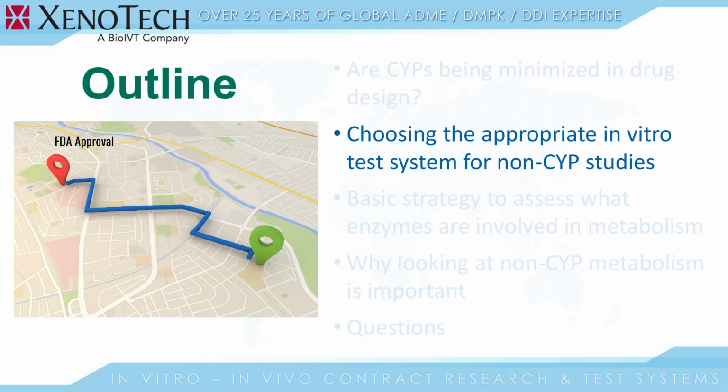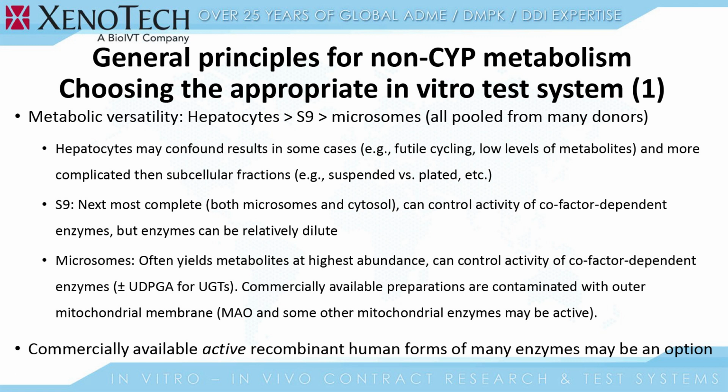Okay, now moving on. I'd like to talk about choosing the appropriate in vitro test systems for non-CYP studies. It's of great importance to choose the appropriate in vitro test system, especially when looking at non-CYP metabolism. The choice of test system is a very important first step, and this can have implications on the interpretation of the results.